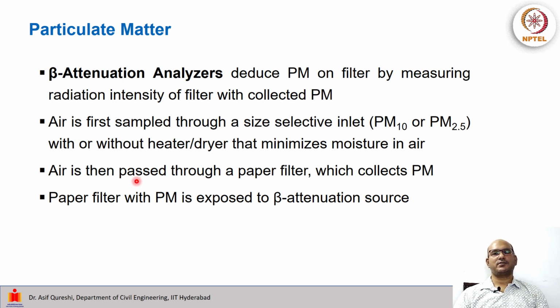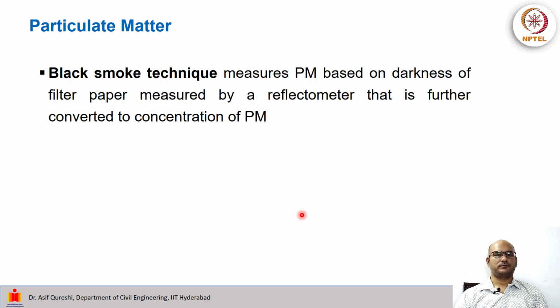Then air is passed through a paper filter which collects the PM. The paper filter, basically this one, is exposed to a beta attenuation source, and then we can gauge how much is the PM concentration in the filter or PM mass, and then we know how much was sampled and we can derive the PM concentration.